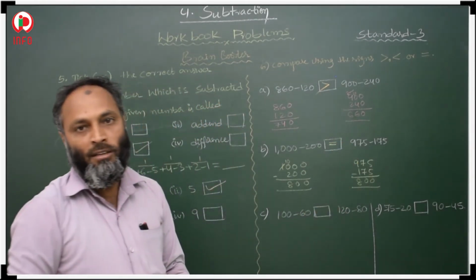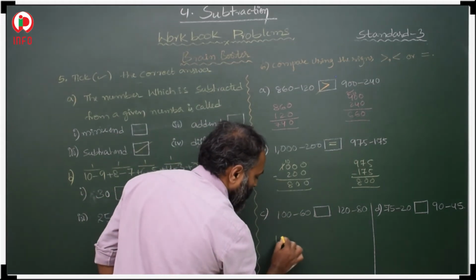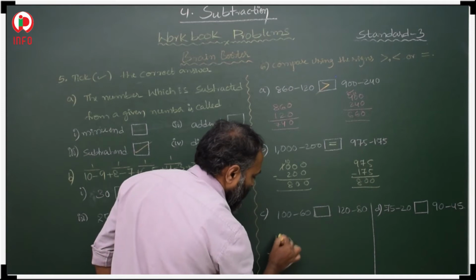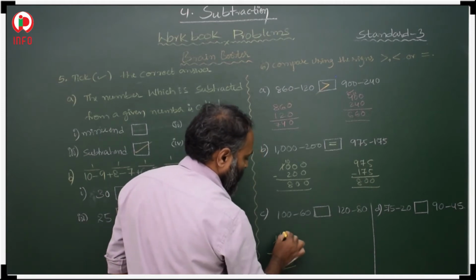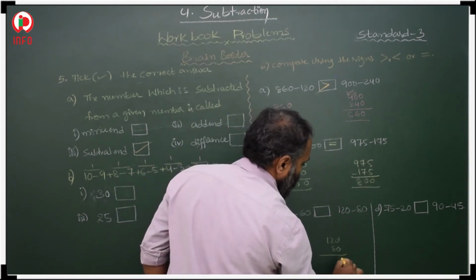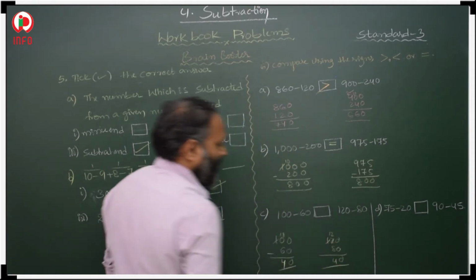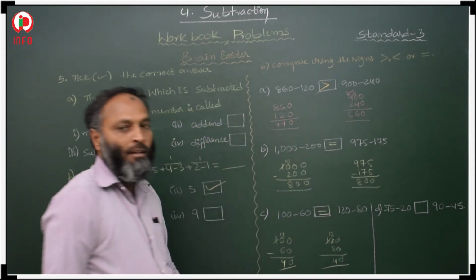Keep the equal to sign. 100 minus 60. 0, borrow 10, that is 40. Here 40. Here 120 minus 80. 0, borrow 12. 12 minus 8 is 4. Here also 40. They are equal.